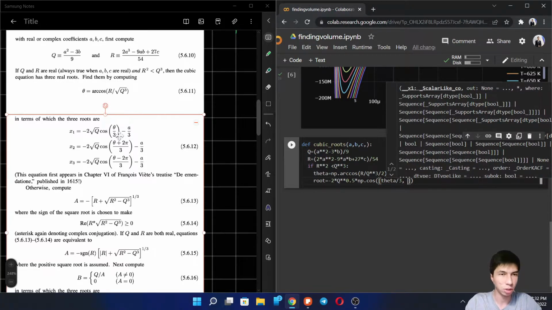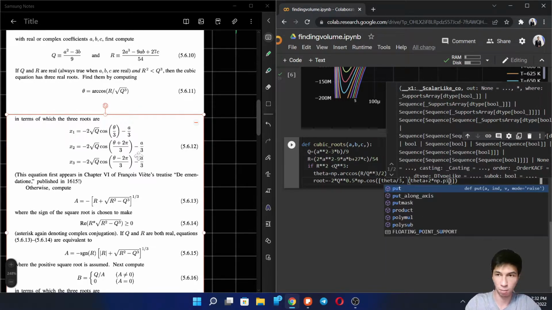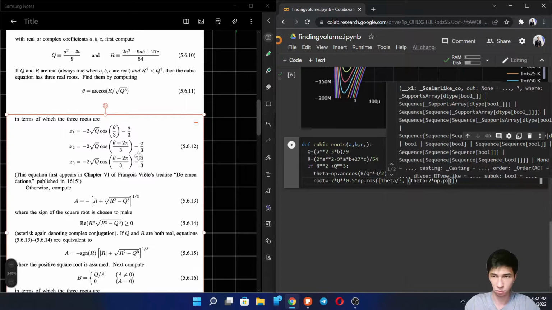The second term is going to be theta plus 2 multiplied by pi, over 3.